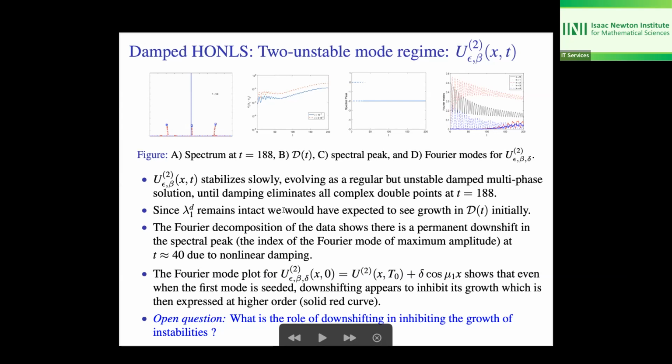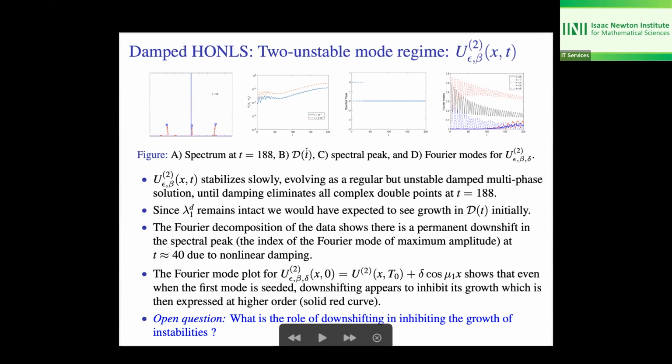And the speculation is that if you look at a Fourier decomposition of the data, there's a permanent downshift in the spectral peak. And the spectral peak is the index of the Fourier mode of maximum amplitude at t about 40. So you see that you have a downshift from the 0th mode to the second mode at around t equals 40 due to the nonlinear damping.